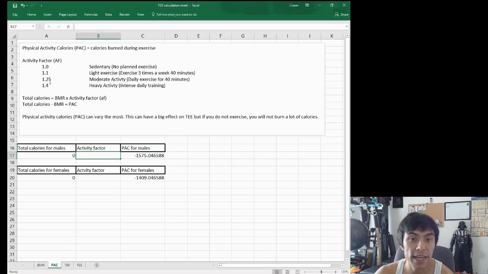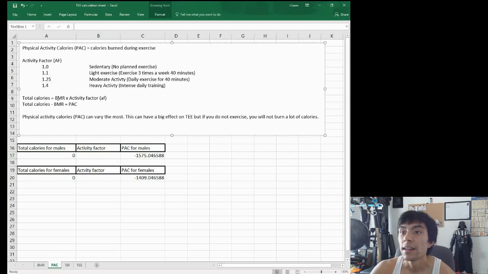If you have moderate exercise, it's going to be 1.25, which is defined as daily exercise for 40 minutes, and heavy intense exercise, which is basically you're training 6 to 7 days a week and you're training for the Olympics or just something like that. So total calories equals your BMR times one of these numbers, your activity factor, and you can get your physical activity calories by subtracting your BMR from your total calories.